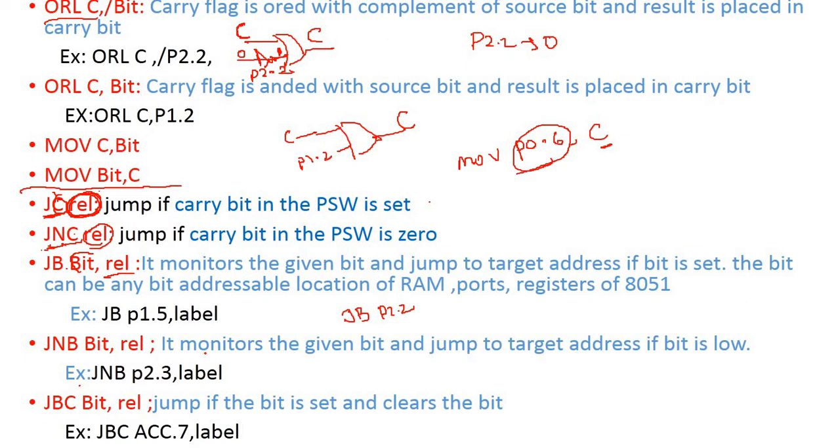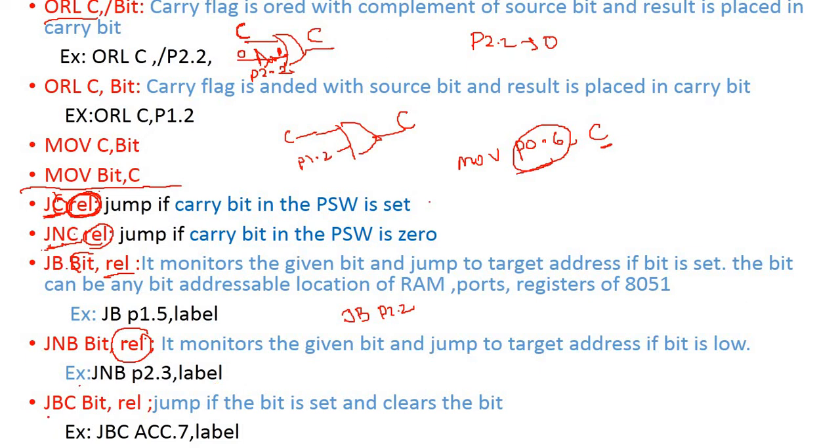It monitors the given bit and jumps to the target address if the bit is low. This one is just the opposite of JB. If the bit is not set, meaning if the particular bit is 0, then we need to move to the particular relative address. So the example you can see is JNB P2.3, label.